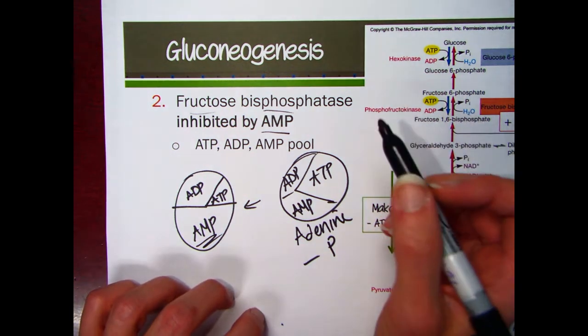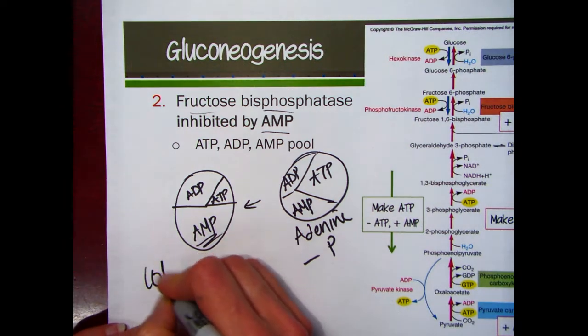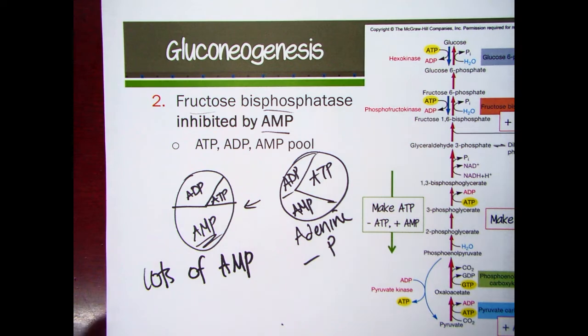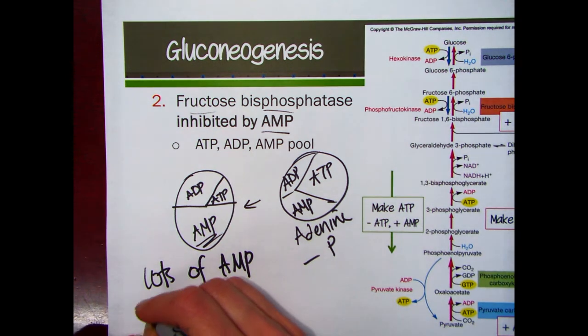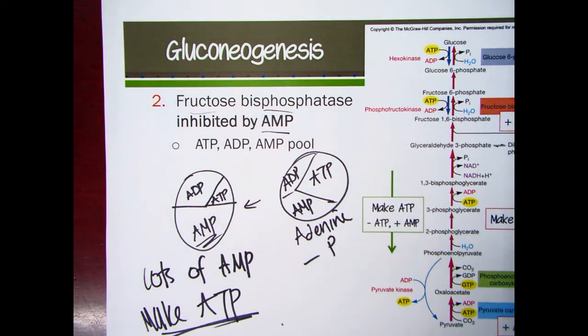So if the cell has lots of AMP, then it is weak and ineffective, and so it really needs to make ATP. Okay, everybody got that? If you have lots of AMP, what you need is not to make more sugar. What you need is to break down any sugar that you have to make ATP.